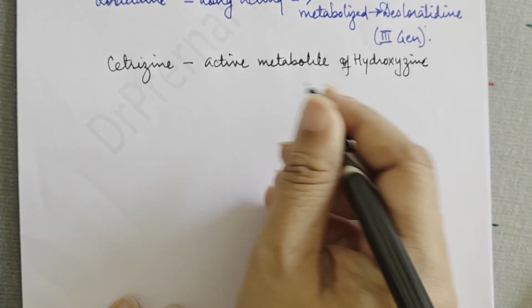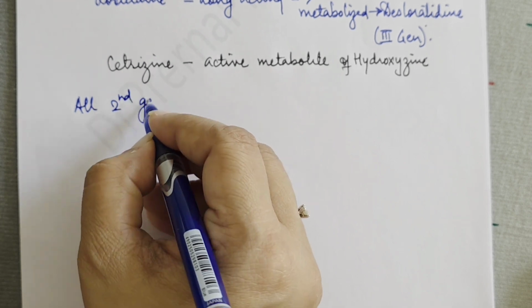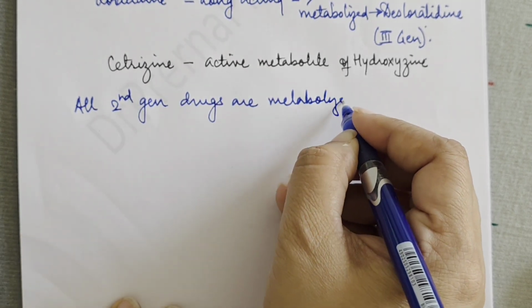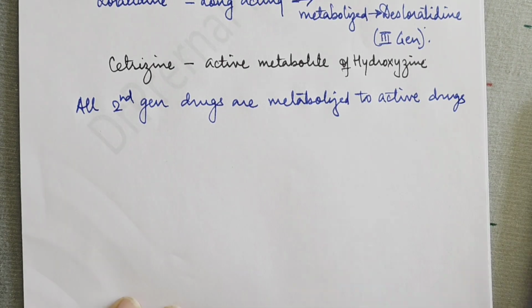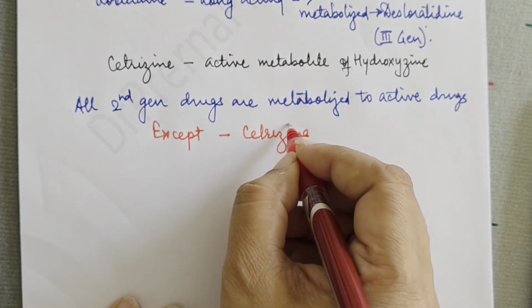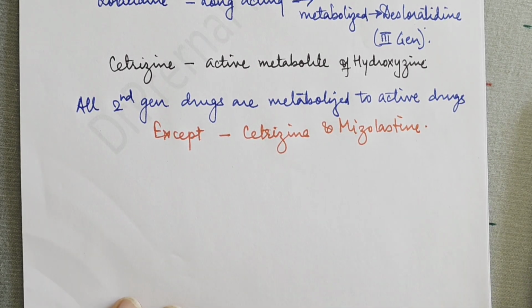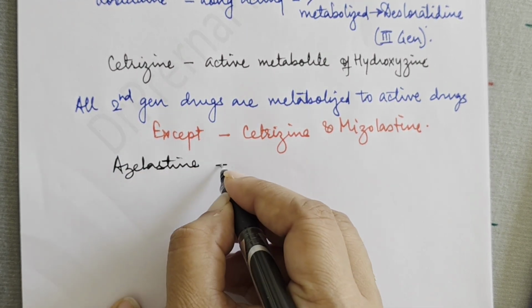Okay, then there's one sentence: all second generation drugs are metabolized to active drugs except cetirizine and mizolastine. Okay, then we have one drug called azelastine.